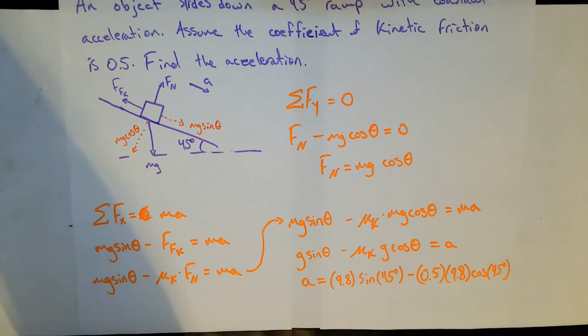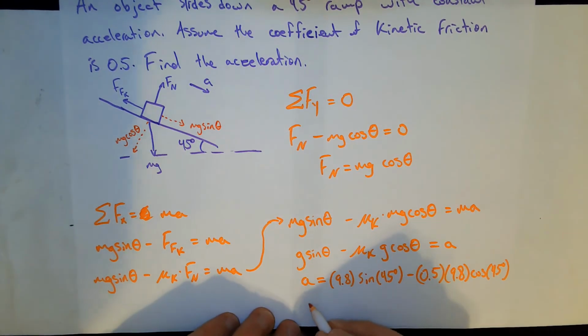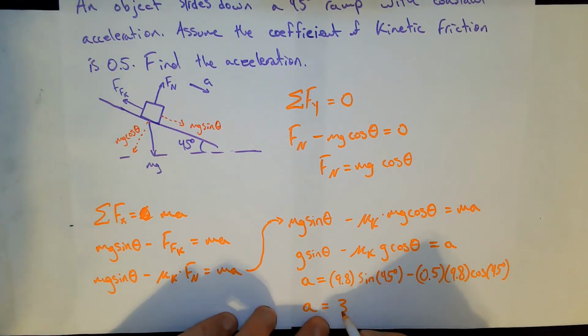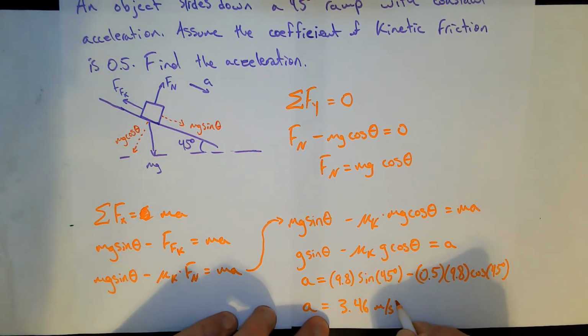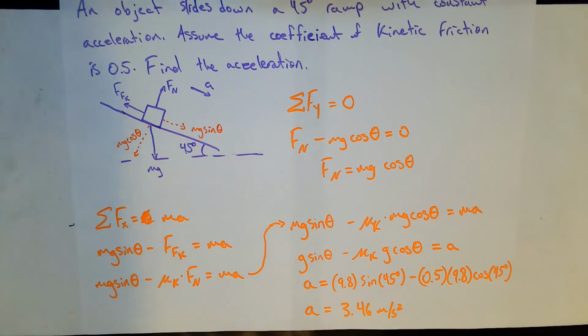I went ahead and calculated this, and I got a equal to 3.46 meters per second squared. So that's pretty quick. But it's a pretty steep hill. 45 degrees is fairly steep. And that's a kind of low coefficient of kinetic friction. So it makes sense that this thing would be speeding up quite a bit.